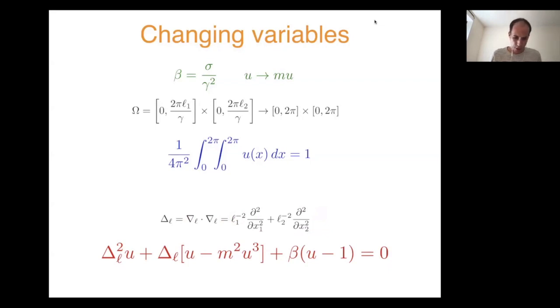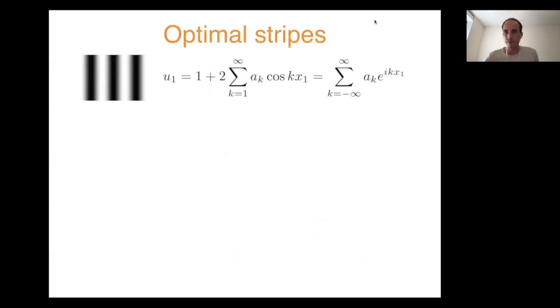And now we have to go to Fourier space. So let me go over what you do for the stripes, and then we go to the spots. For the optimal stripes, we assume that things are periodic. So let's put in a Fourier series, and in fact, all the patterns look very symmetric, so let's only put in a cosine series.